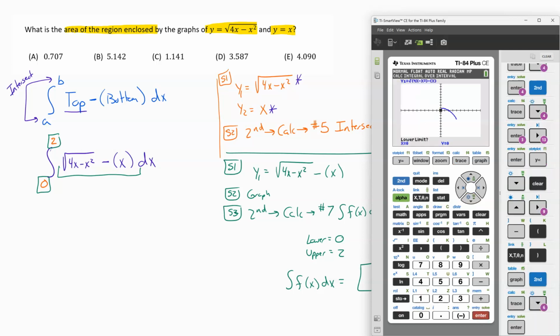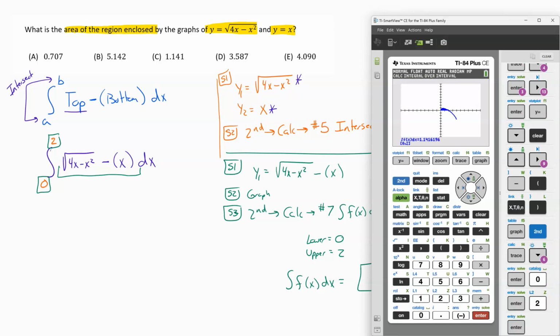Hit enter on that. Like we said, it's going to ask us for the lower limit now. So the lower limit on our integral was 0. So we type in 0, hit enter. Then it wants the upper limit. The upper limit on our integral was 2. So we type in 2, hit enter. It shades it in, and then at the bottom of the screen there, you can see that it's going to give us our answer.